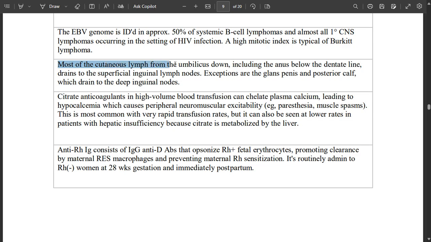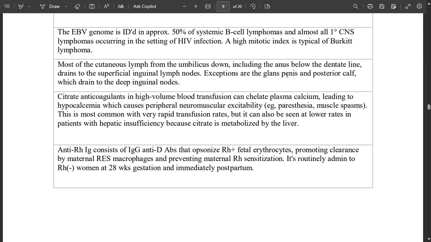Most of the cutaneous lymph from the umbilicus down to the anus below the dentate line drains to the superficial inguinal lymph nodes. The exceptions are the glans penis and the posterior calf, which drain to the deep inguinal nodes.